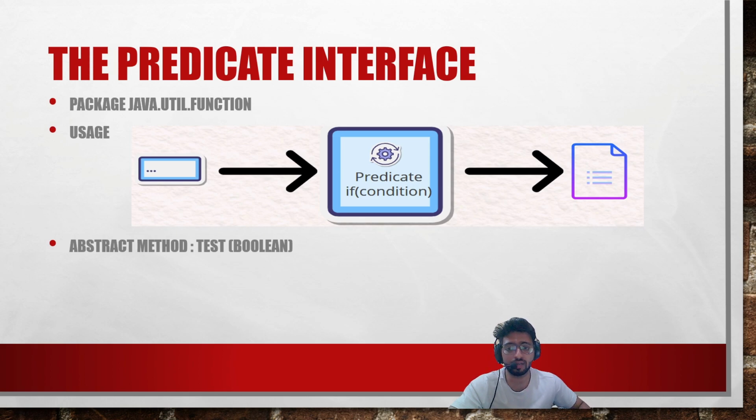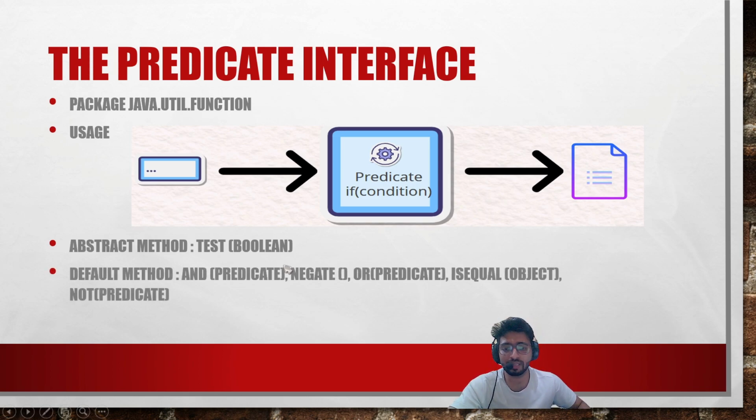That's why I'm saying multiple times that for every interface, this is the abstract method. It also has some default methods like and, which takes a predicate, then negate, or, which also takes another predicate, isEqual, and not. We will see all these in action in our example.